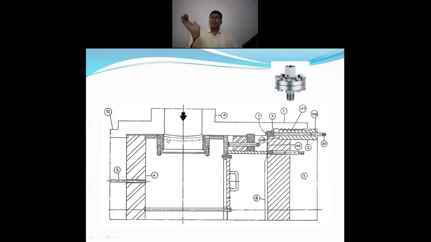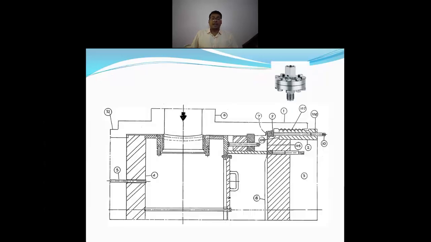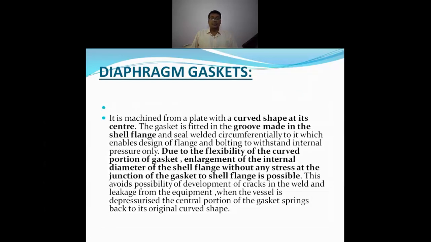Like a diaphragm, a certain curvature is provided, and this curved shape is fitted in between the grooves made in the shell flanges. Certain grooves are made in the shell flanges and provided with a certain curved shape.